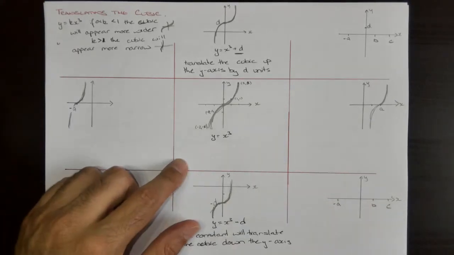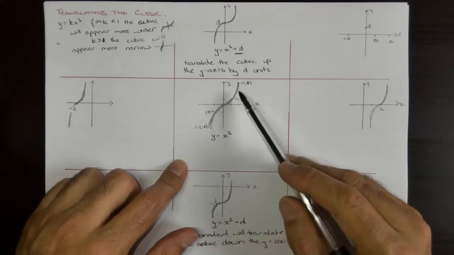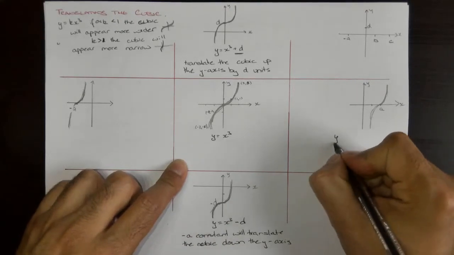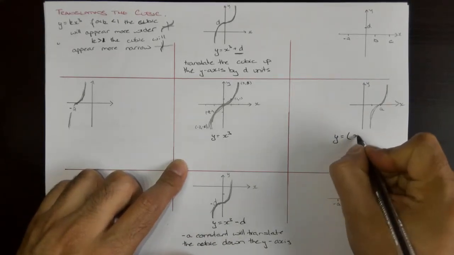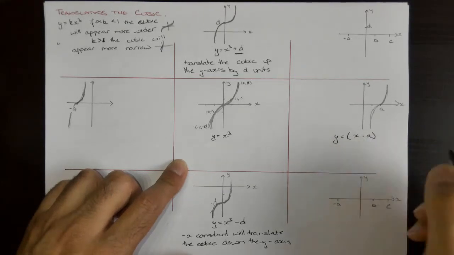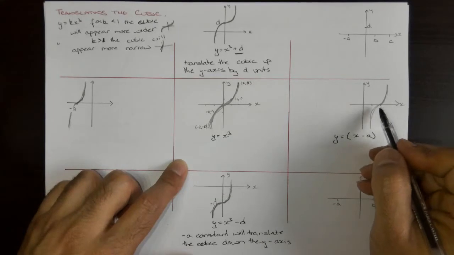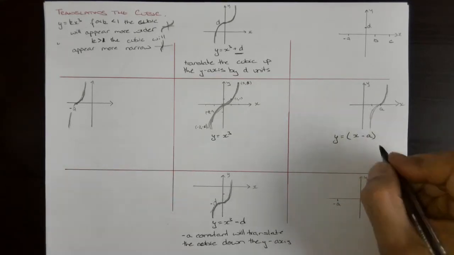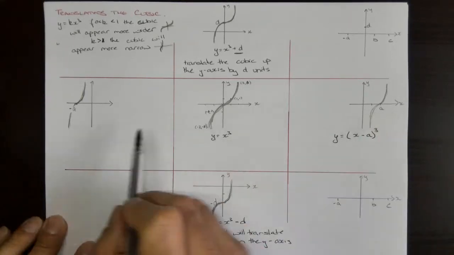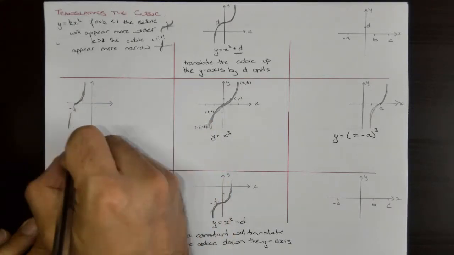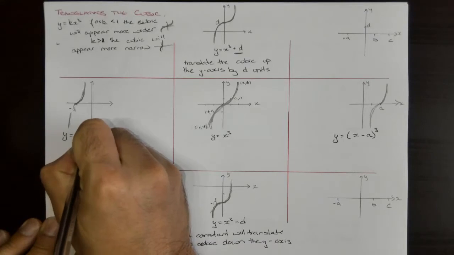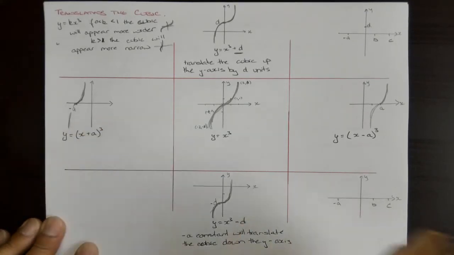Now, if I wanted to translate this cubic across the Cartesian plane, I'd get a cubic such as this: x minus a, all cubed, where a is positive. Alternatively, to translate it to the left, I would get y equals x plus a all cubed.